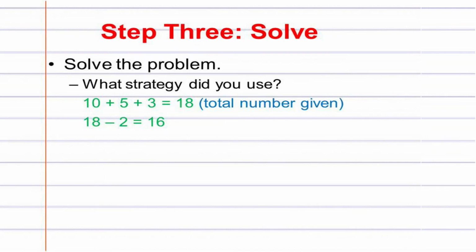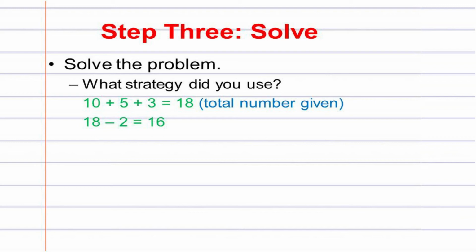Step 3. Solve the problem. Here we're going to see what strategy or what operation you are going to use. The first one is you need to add the total number given. So you have 10 plus 5 plus 3 is equal to 18, which is the number of trains that he has.